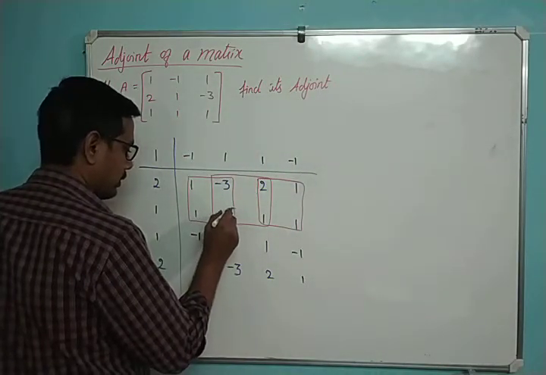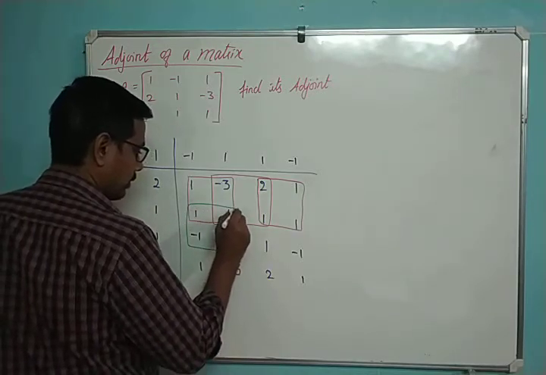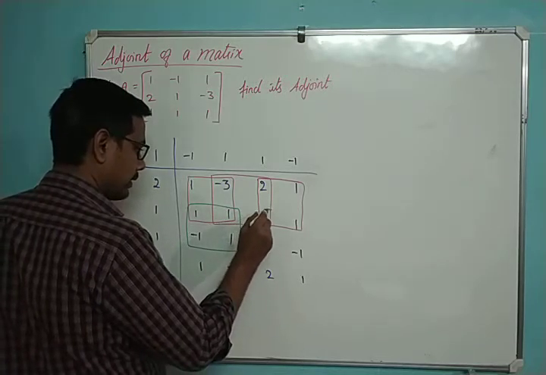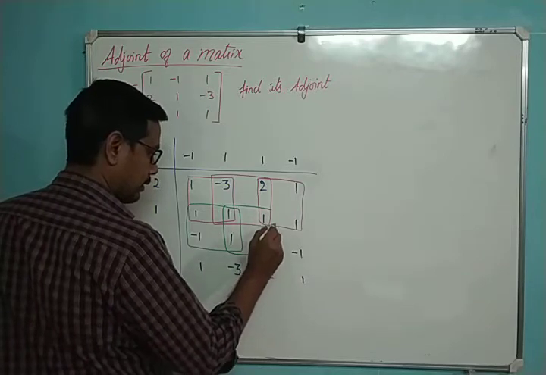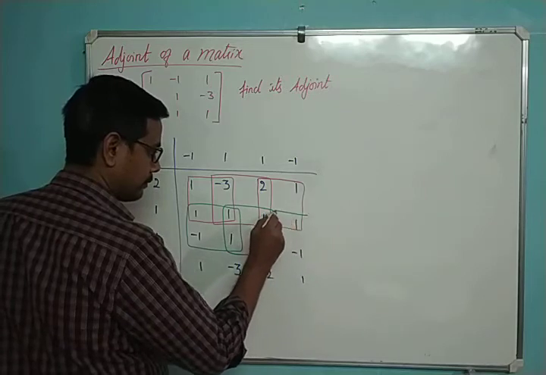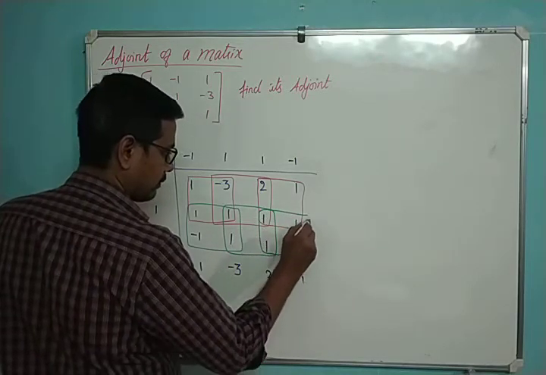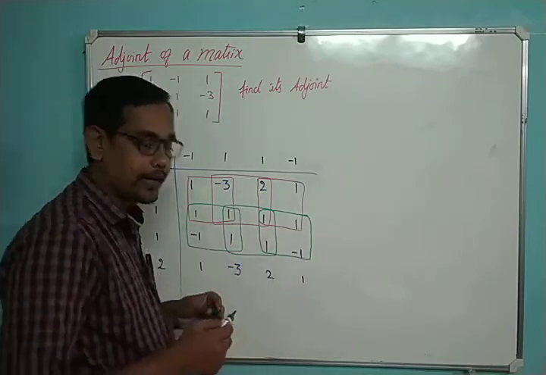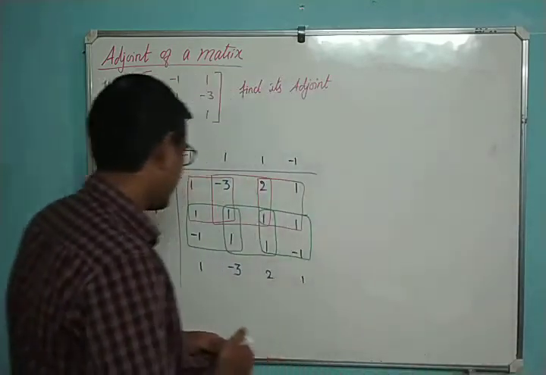First one. Then second one. Then third one. First, second, third. Now 2 rows we have finished. We need the third one.